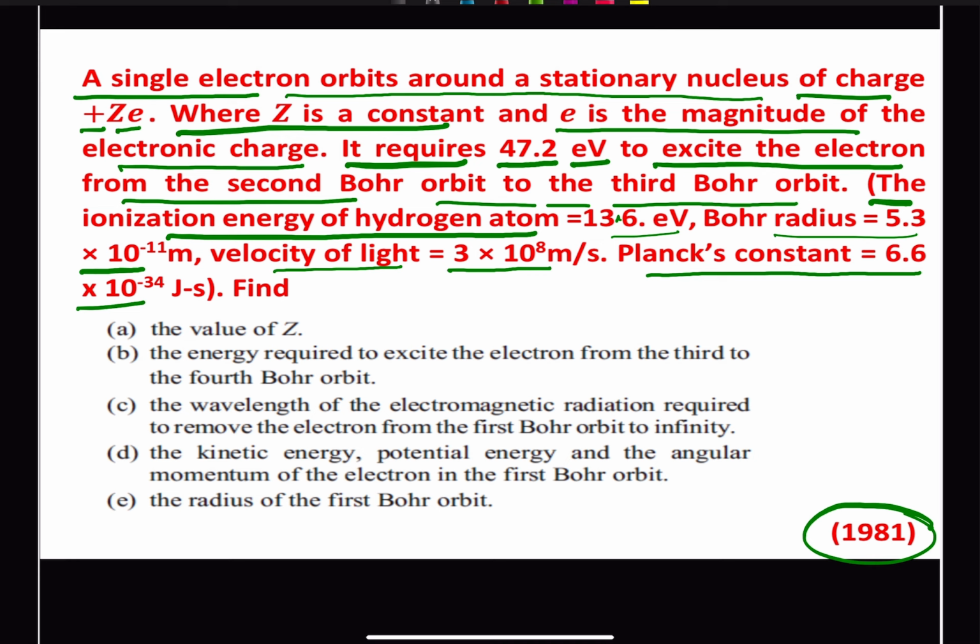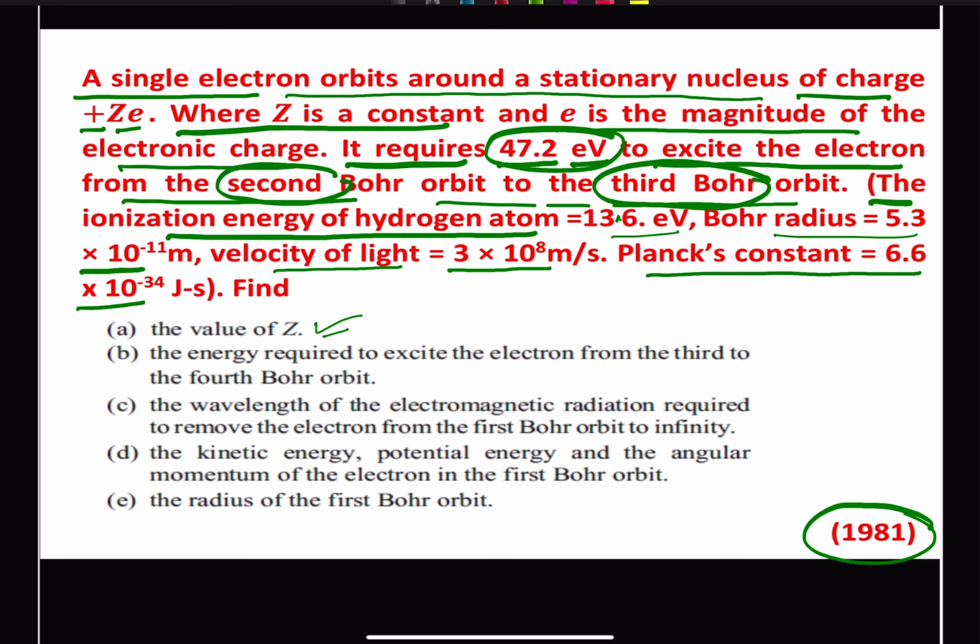So based on this, we are having 5 questions. First, we are supposed to find out the value of Z. We are given that the electron will be excited from the second Bohr orbit to the third Bohr orbit, and the energy required is 47.2.